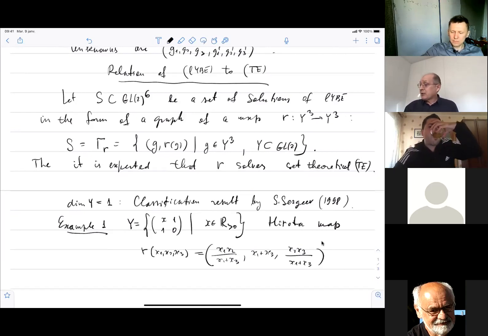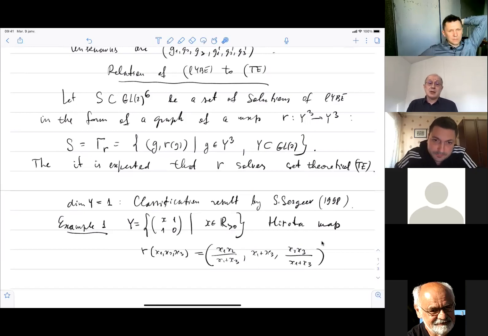So it is a kind of delicate thing, the identification of the subset Y to have a true graph of a map. And for example, if you replace your base field by some other field, complex numbers, for example, then you don't have a set theoretical map in the strict sense because of the singularity.